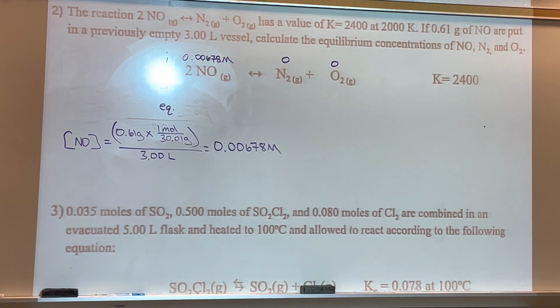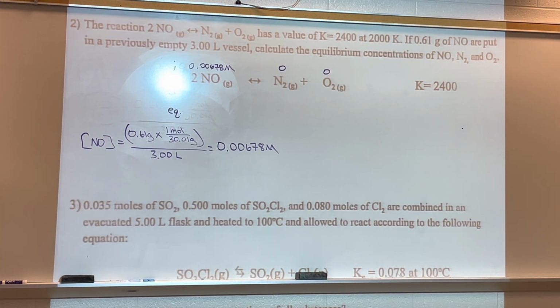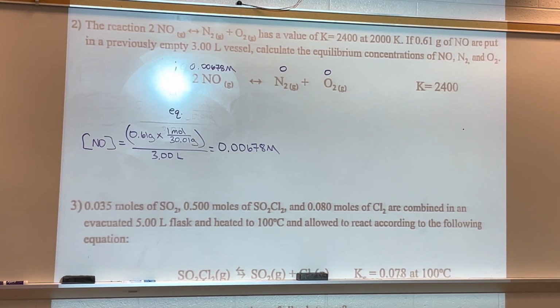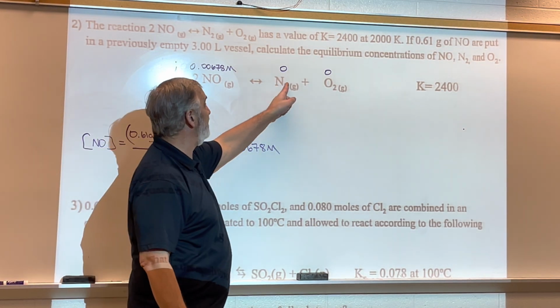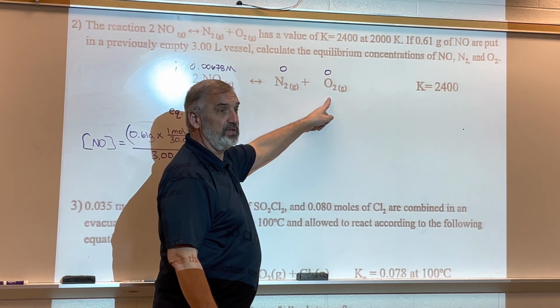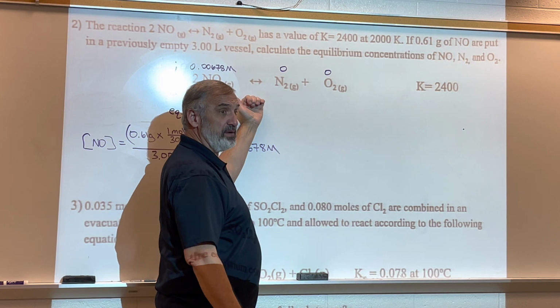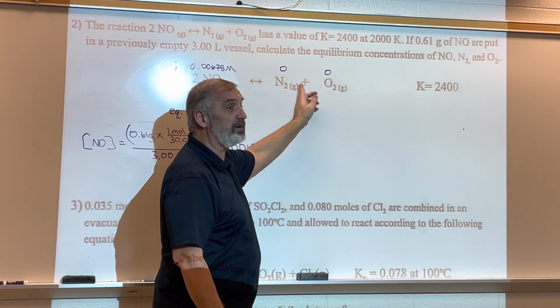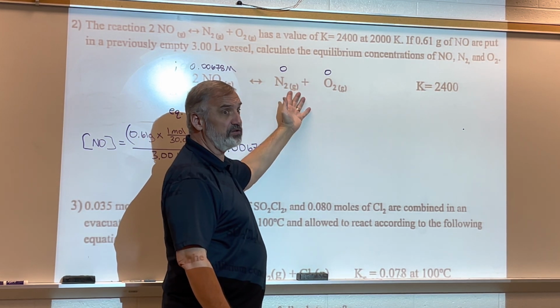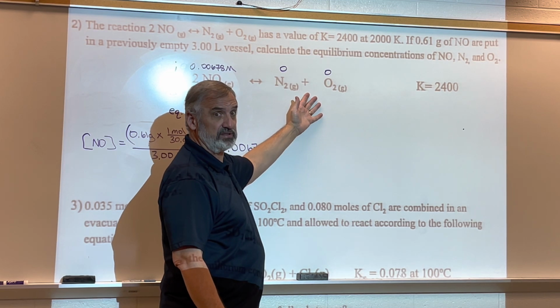Yeah. What's next? What's my change going to be? Because it's positive, it's going to go... Well, how much of this do we have over here? 0. Can it go that way? No. If there's ever a 0 on either side, it's always going to go towards the 0, because 0 can't react.